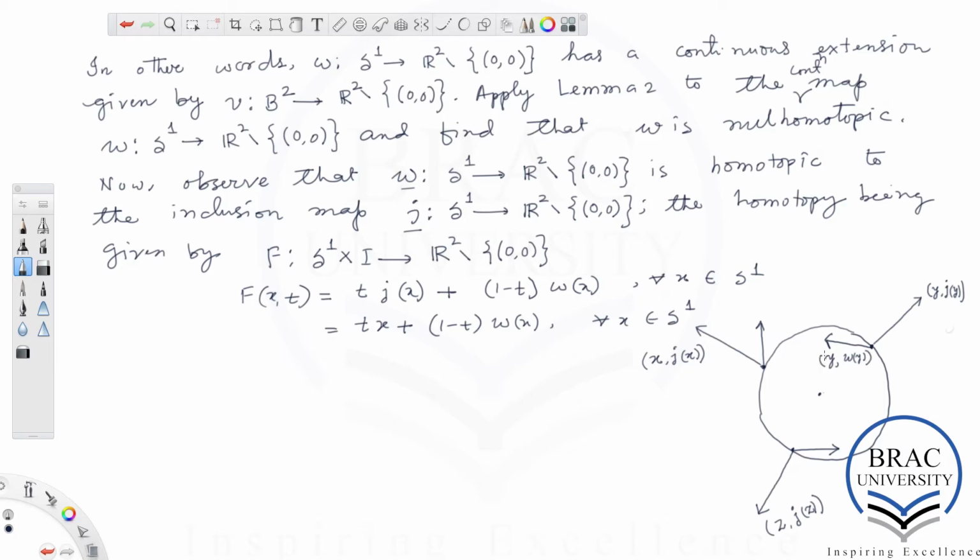That's the ordered pair, and this vector stands for the ordered pair (X, W of X), and this vector represents the ordered pair (Z, W of Z). Okay, so now we immediately see that we can join these two vectors by a straight line.